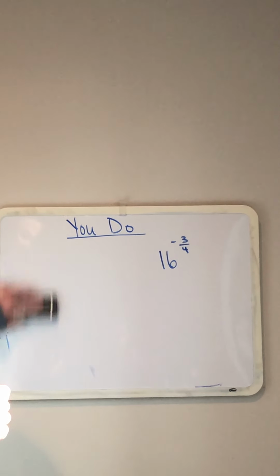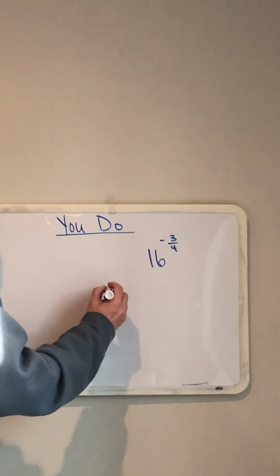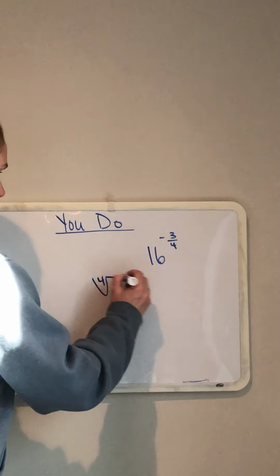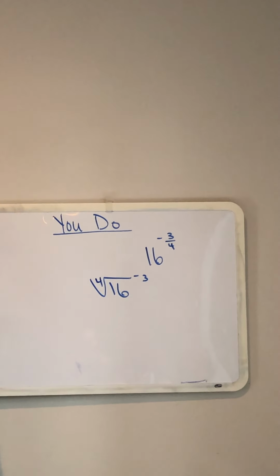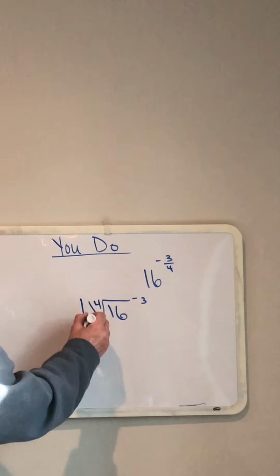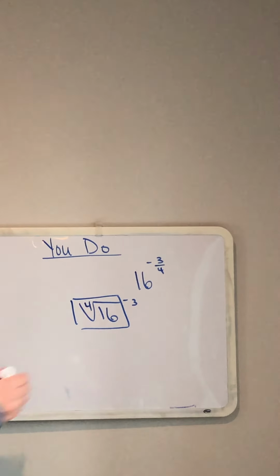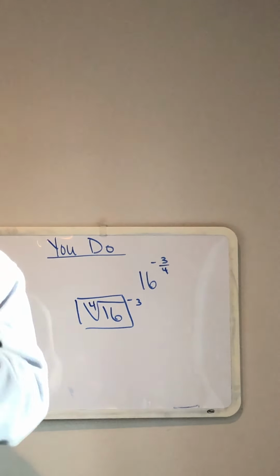The last question, 16 to the negative 3/4 means the 4th root of 16 to the negative 3rd. We know the 4th root of 16 means what times what times what times what makes 16, and we know that that is 2.